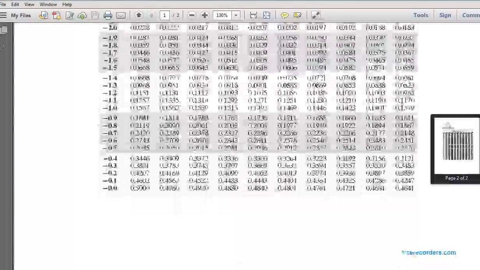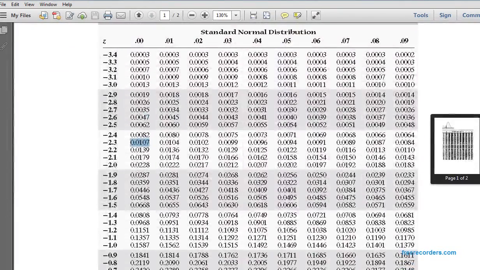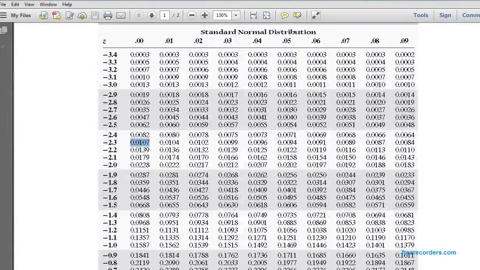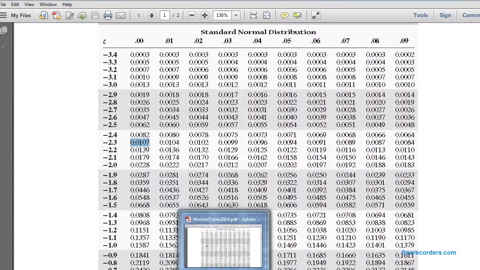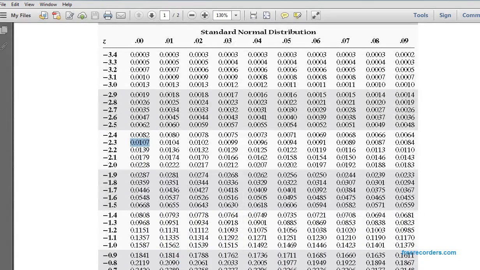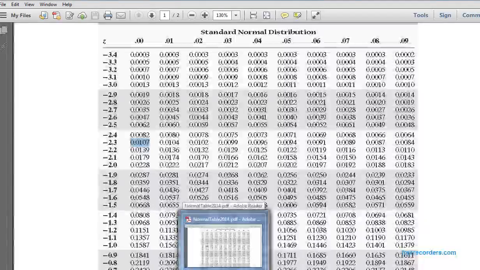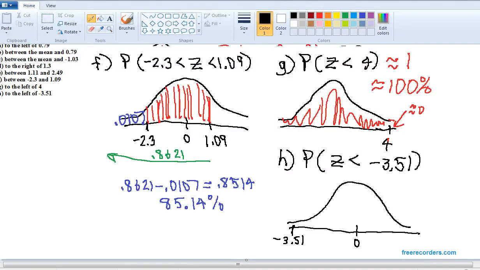If we go back to the first page, though, you see again it only goes to negative 3.49. You see how it goes 0.003, 0.003, 0.002 at the end? It's approaching 0.0000. That's how much area is to the left when you run off the table, approximately 0.